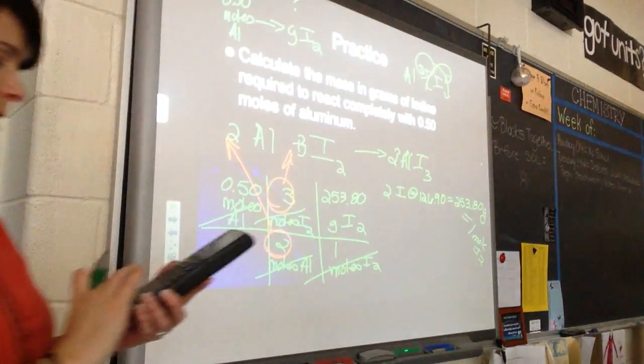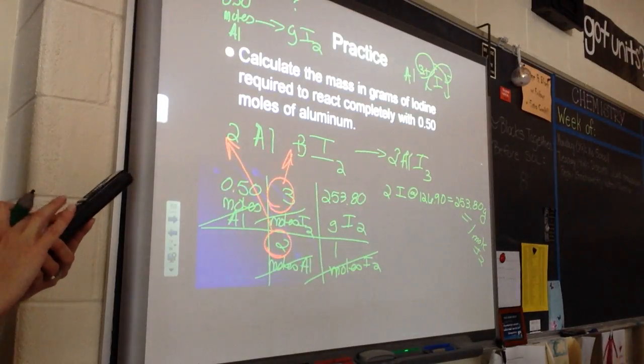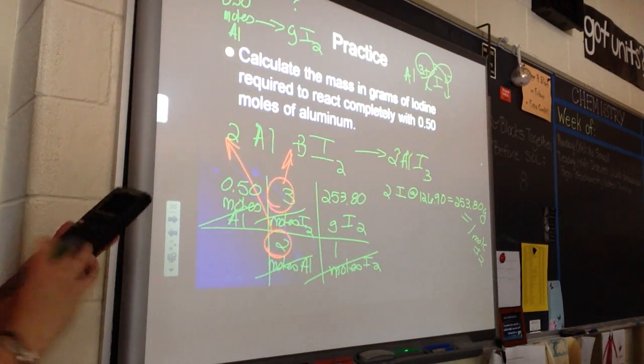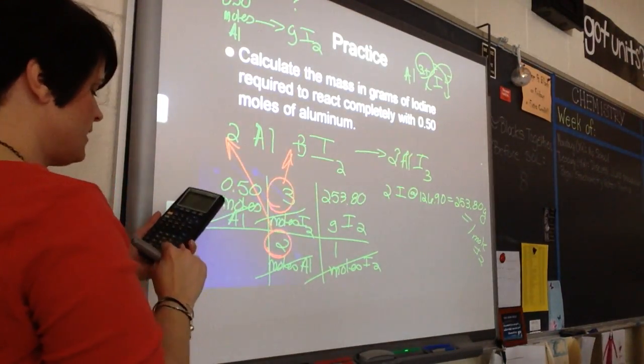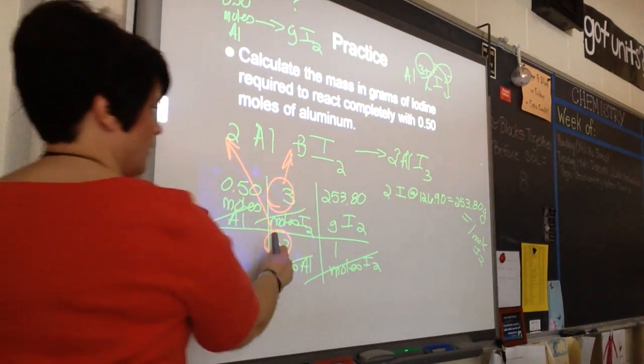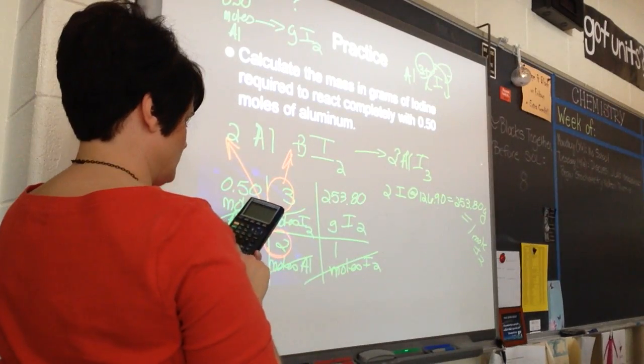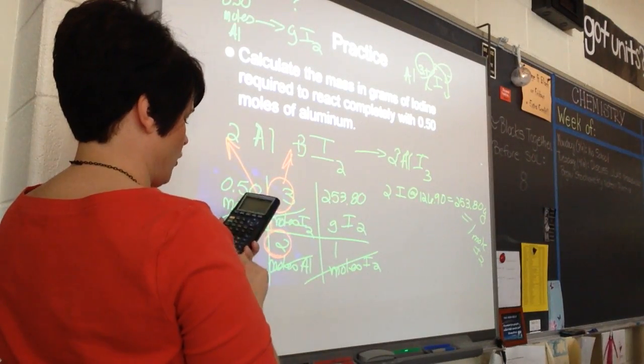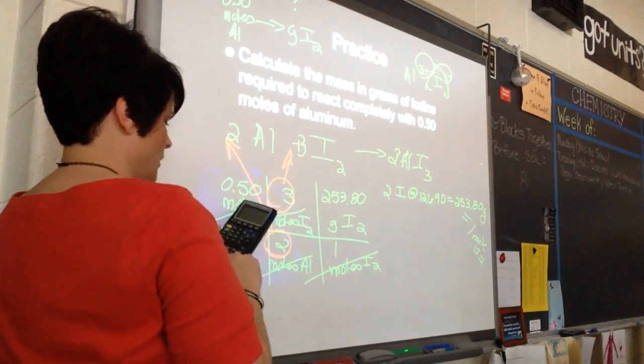Now, our math. 0.5 times 3, enter. Drop and divide by 2, enter. Go up and multiply times 253.80, enter. Drop and divide by 1.